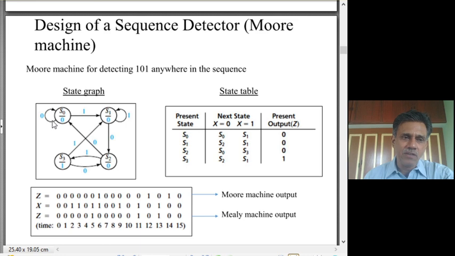If the bit that has arrived is 0, we have to remain in the same state, because we are still looking for the first bit of a pattern. When you get a 1, well, you should remember it, so you generate a new state, call it S1, but still output 0, because it is only the first bit of the pattern. It is not a complete pattern that has come. So you go to S1 and output 0.